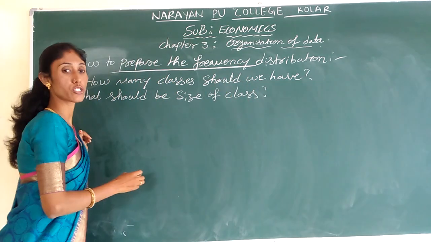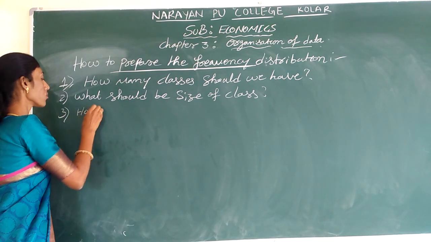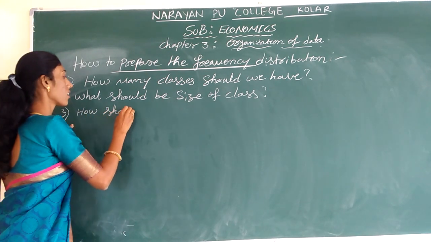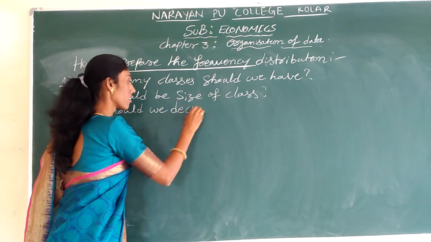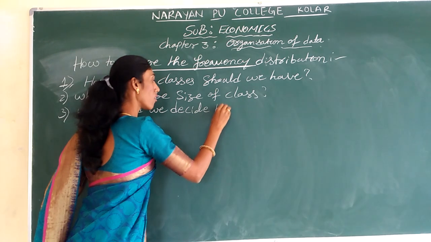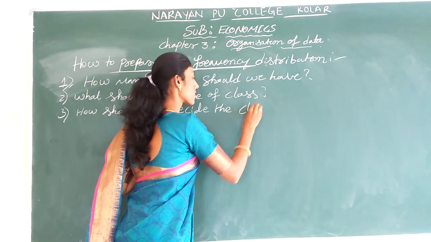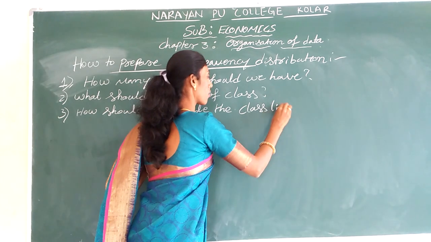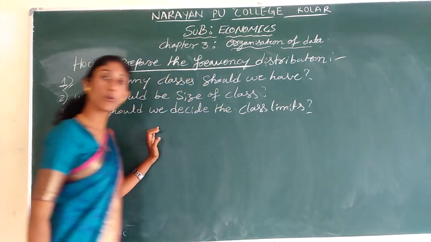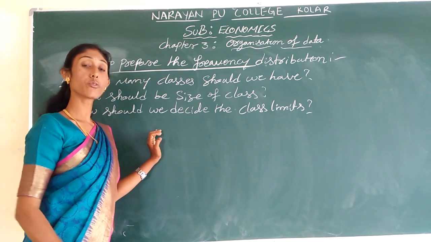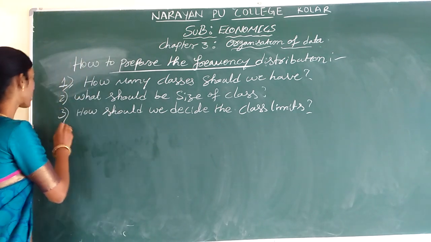The third main question is how should we decide the class limits? And the fourth main question is how should we get the frequency for each class?